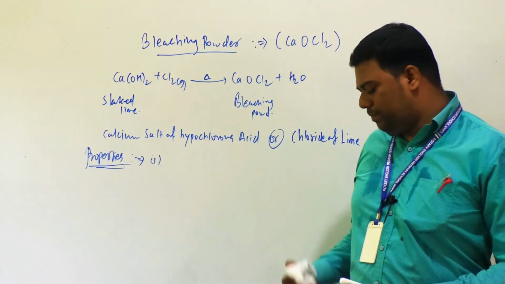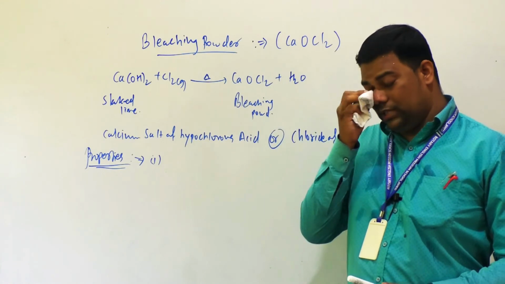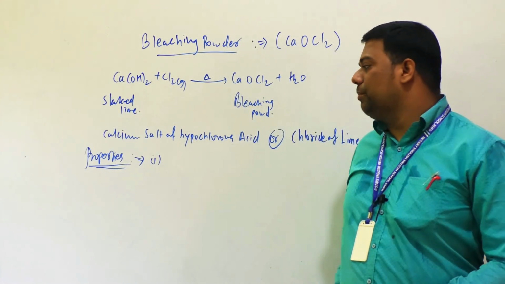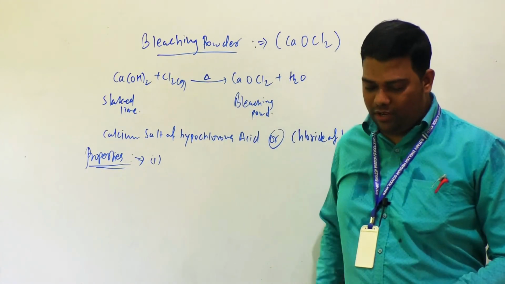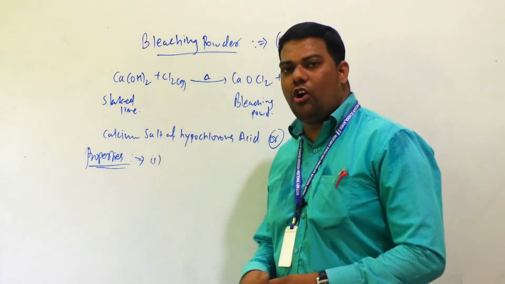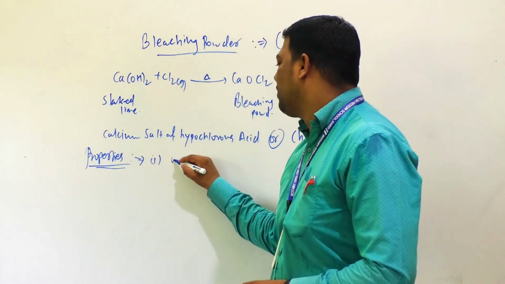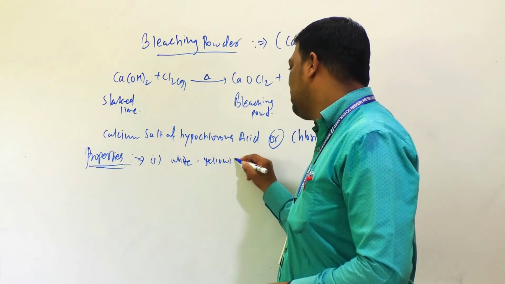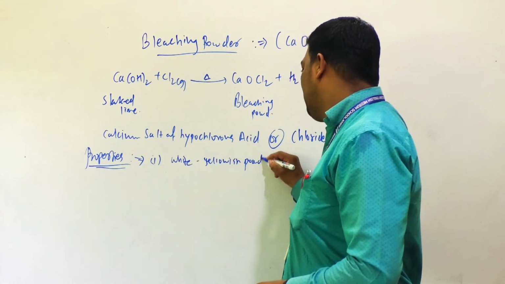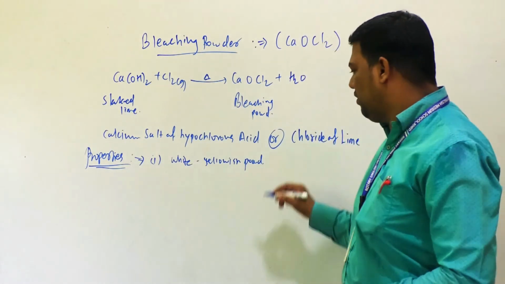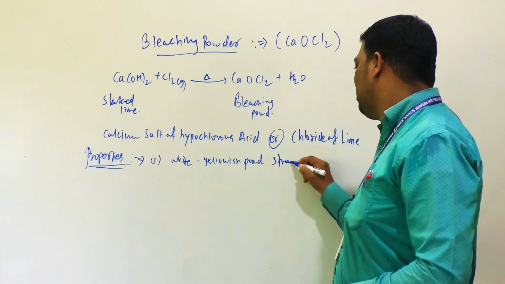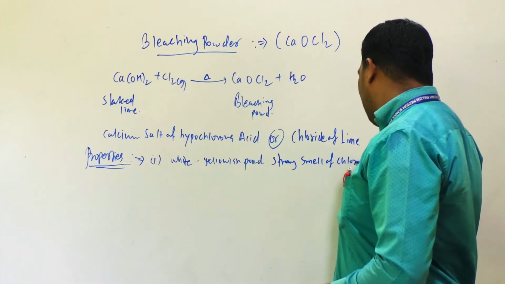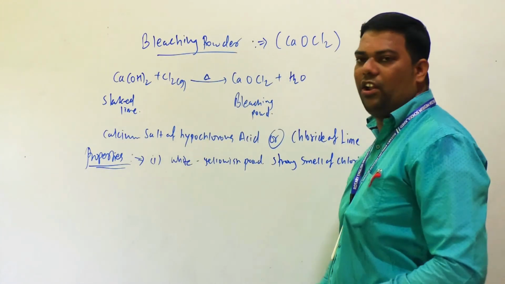In bathroom cleaning also we can use this, and you must have seen it. It is a yellowish white powder with a strong smell of chlorine. Strong smell of chlorine.